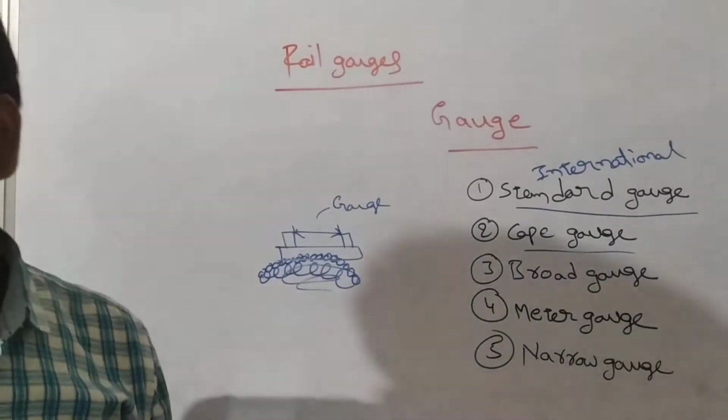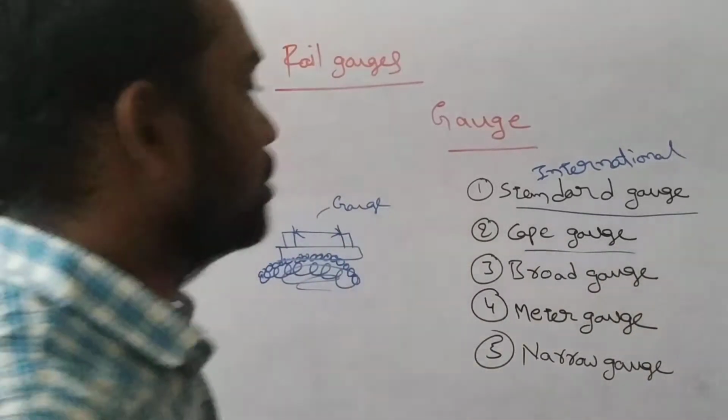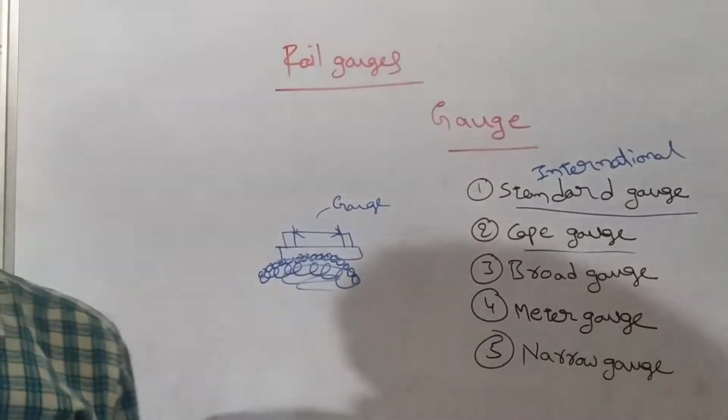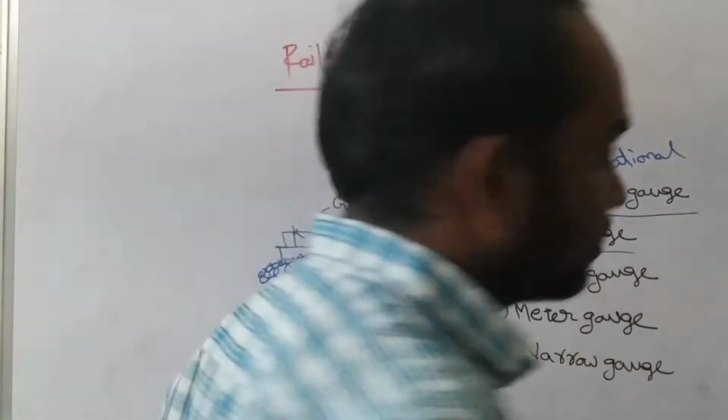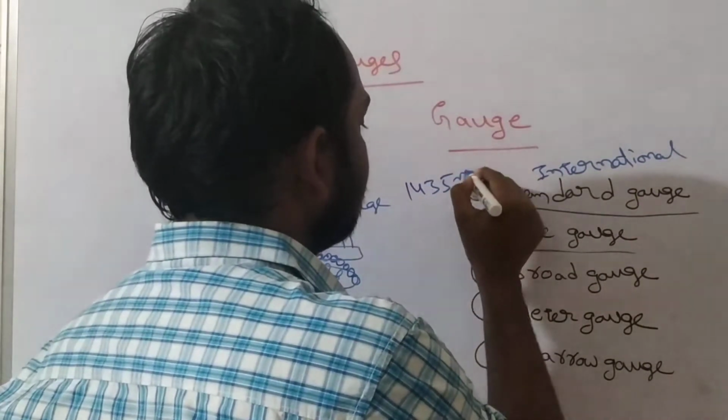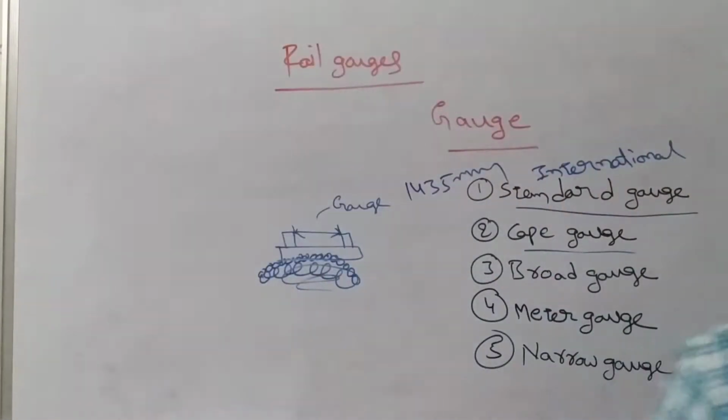The distance between the two rails in case of standard gauge is taken as 1435 mm. That is the distance between two rails in a railway track.